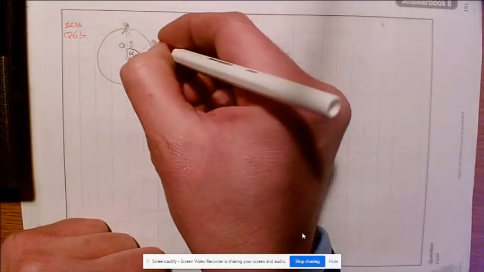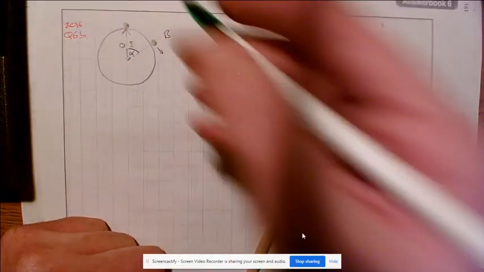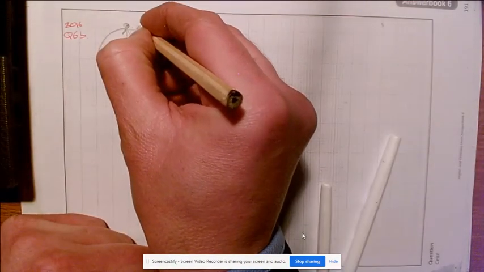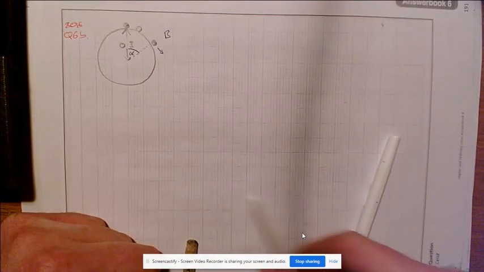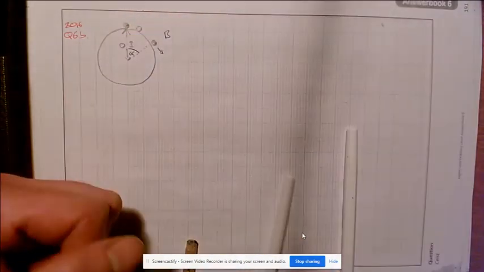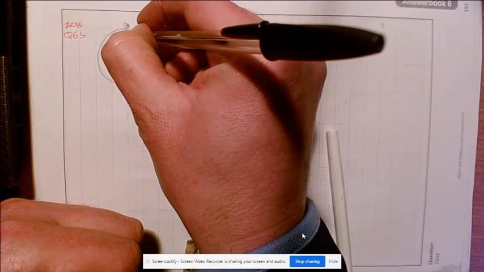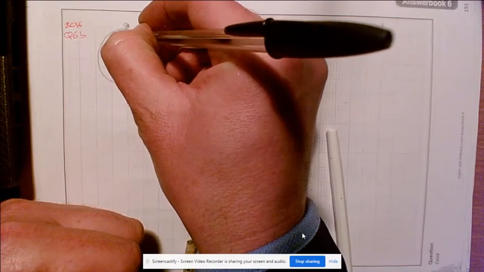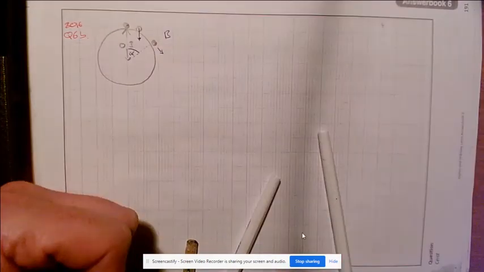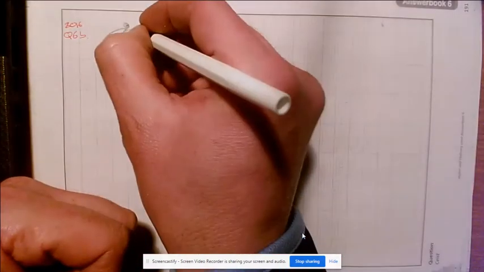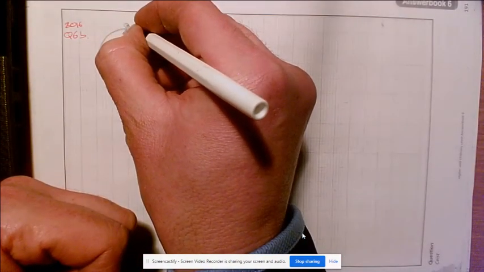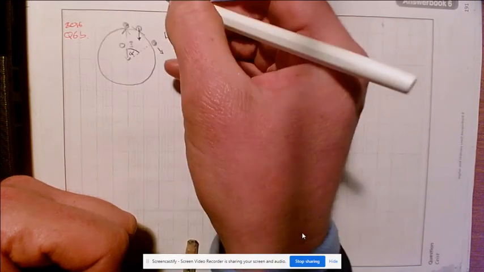The ball will fall off when the forces, if I draw another ball here, just draw a test ball if you like. There is a weight force of this ball, and it's acting on the other sphere, so that will cause a reaction. That reaction will be 90 degrees to the tangent of the sphere.